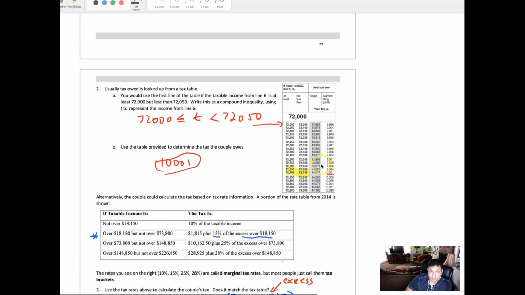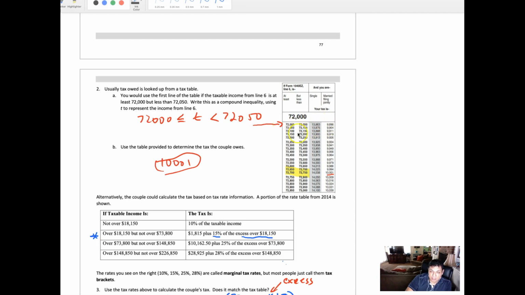Going back to some inequality notation, usually tax owed is looked up on a table, and so you have this table here. You would use the first line in the table if the taxable income from line 6 is at least 72,050 and less than 72,100. This is how much tax you should pay if you were single, or how much tax you pay if you're married.